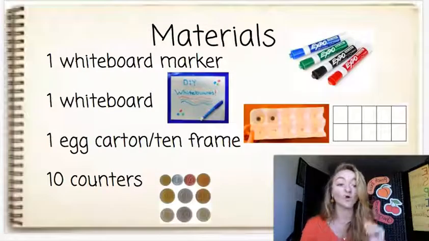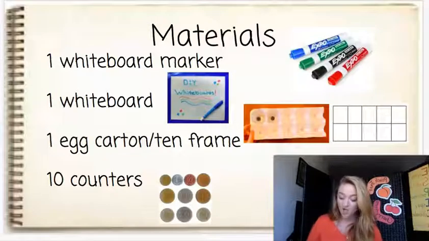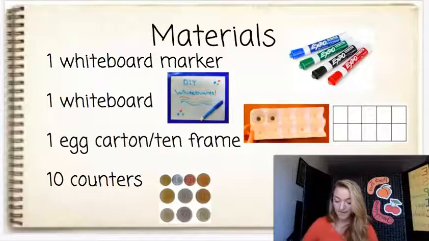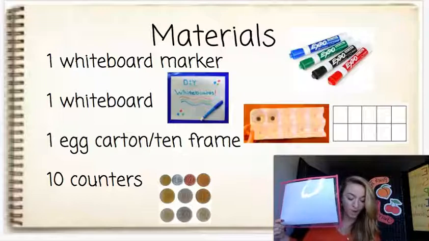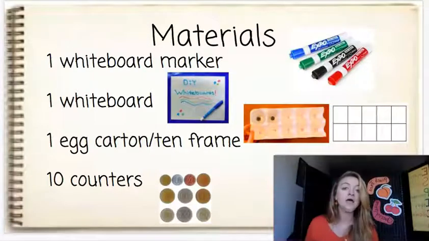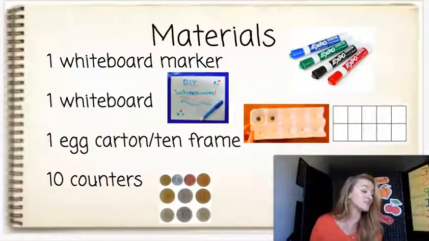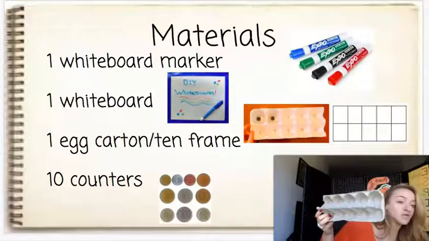All right, before we get started, you're going to need some materials. Make sure you have your whiteboard that we made on Friday. I have mine right here. Make sure that you have a whiteboard marker. I have one right here. Make sure that you have either your carton that you made.